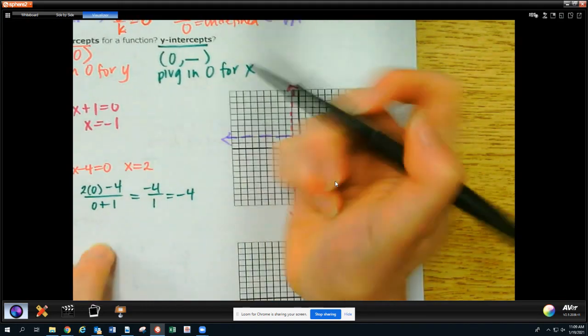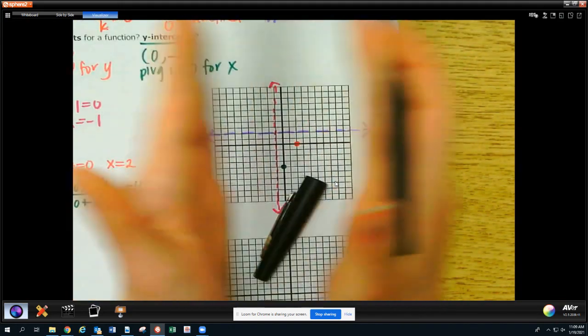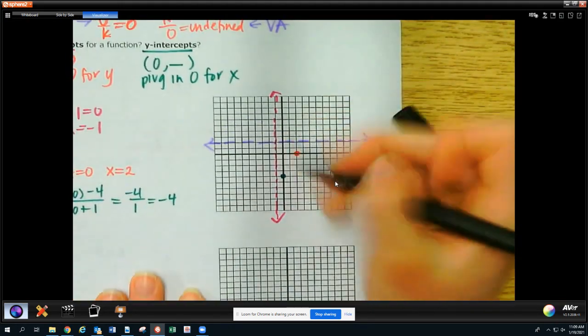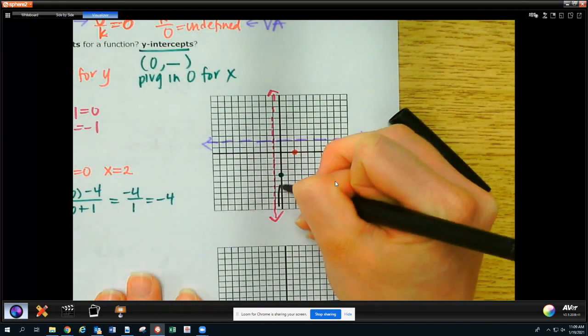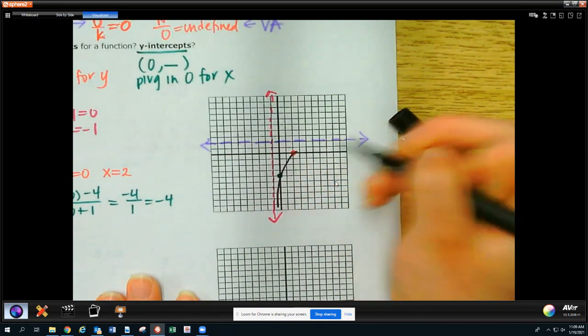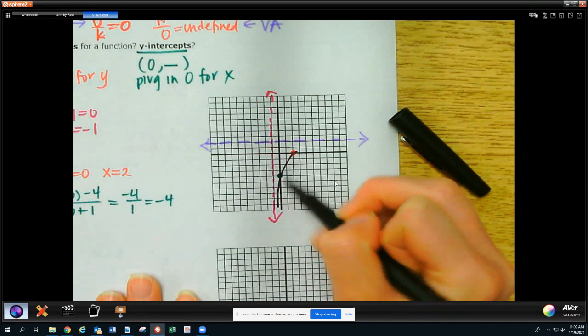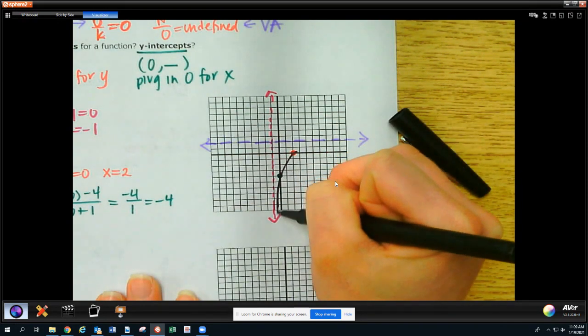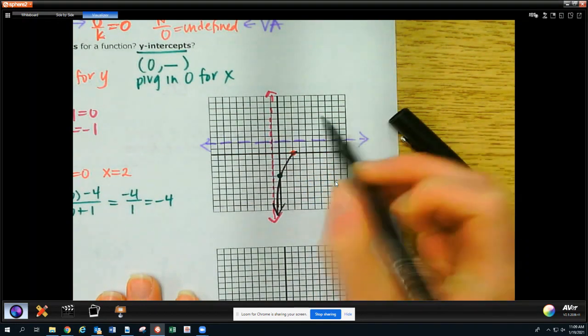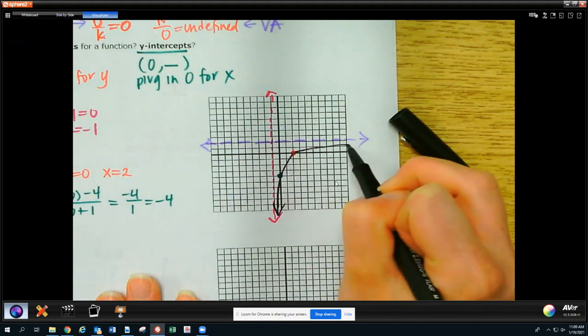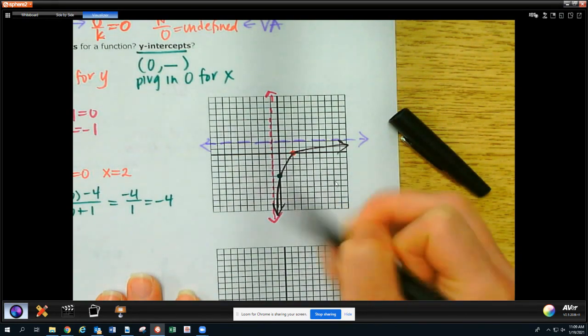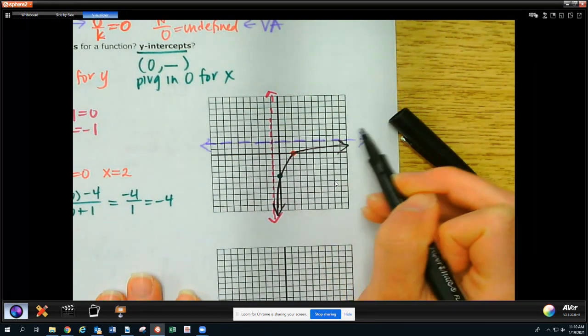So if you have one vertical asymptote, you're going to have 2 branches of your function. One of my branches is down here going through this green and red point, our intercepts, and it's going to follow the asymptote. So don't cross this vertical asymptote and don't cross this purple horizontal asymptote. So there's one of my branches.